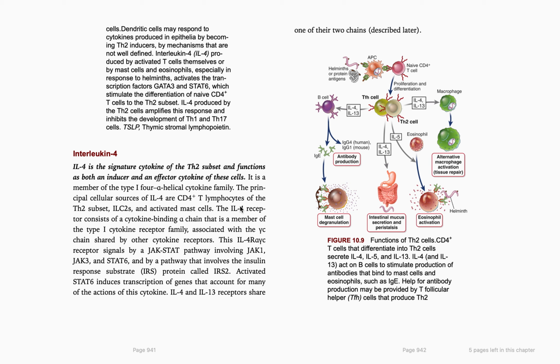Interleukin 4 produced by activated T cells themselves, or by mast cells and eosinophils, especially in response to helminths, activates the transcription factors GATA3 and STAT6, which stimulate the differentiation of naive CD4 T cells to the T helper 2 subset. Interleukin 4 produced by the T helper 2 cells amplifies this response and inhibits the development of T helper 1 and T helper 17.